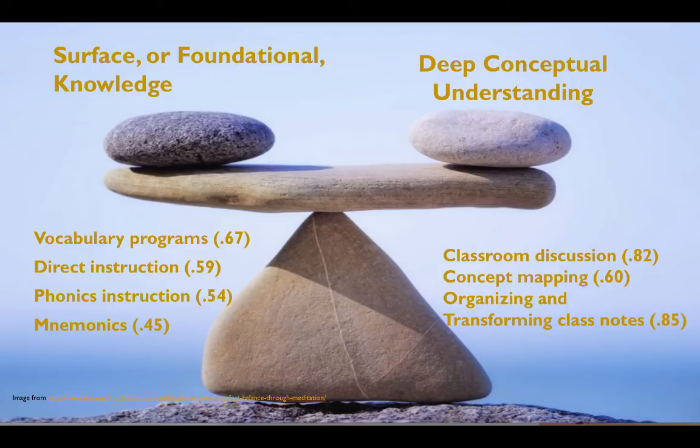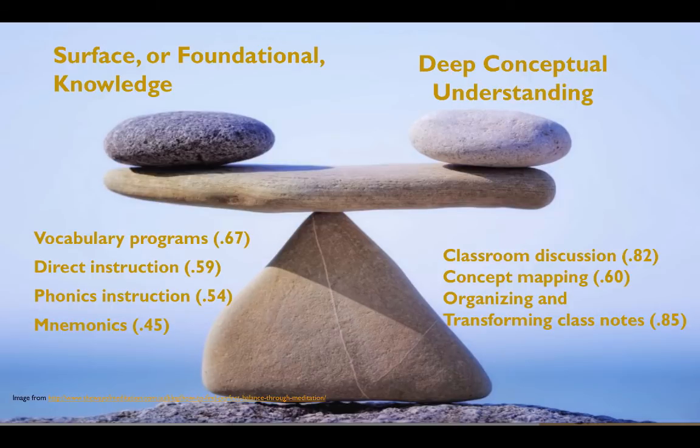I know we've all visited Bloom's at some time in our teacher education, where you start with knowledge and you go up to application and all the way up to synthesis with the different levels of thinking. This is valid. This is important. And this is kind of what Hattie is referring to, this kind of understanding, the way of looking at knowledge. You have to have surface or foundational knowledge before you can have deep conceptual understanding.